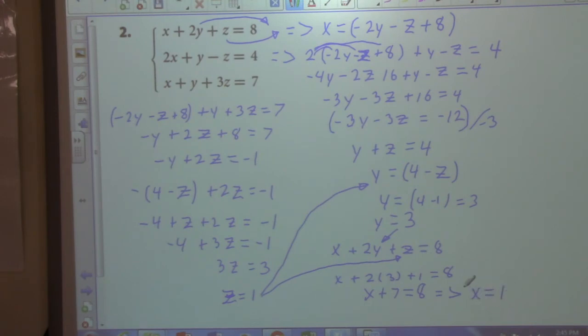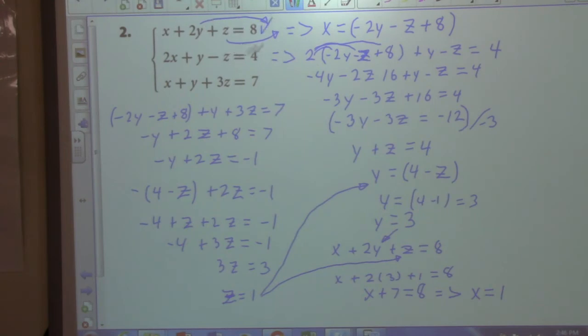And so now have we solved for everything? Yes. What's the last thing we need to do for this? Plug it all in and check your answers, right? So x is 1 and y is 3. So 1 plus 2 times 3 is 7, and 7 plus 1 is 8.